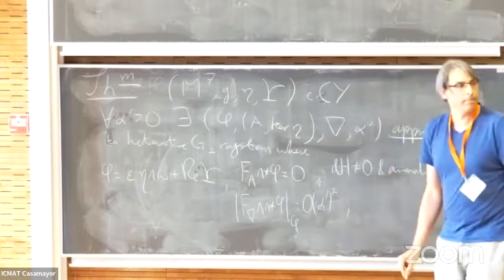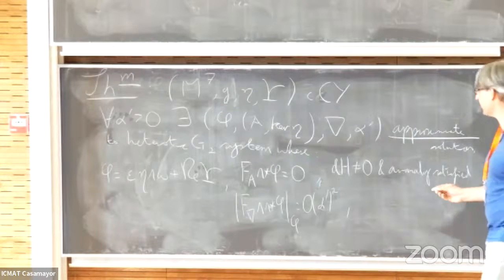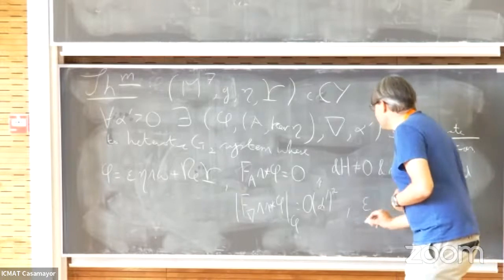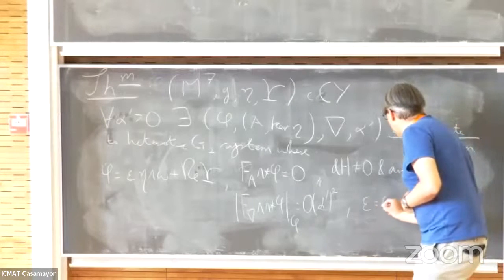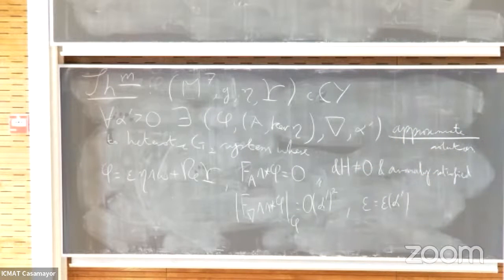How do you do that? How do you get it to become high order in alpha prime? Okay, I'll explain it a bit. I have to do something, right? This epsilon depends on alpha prime. This is the key, which is why I kept putting this epsilon in the circle thing.